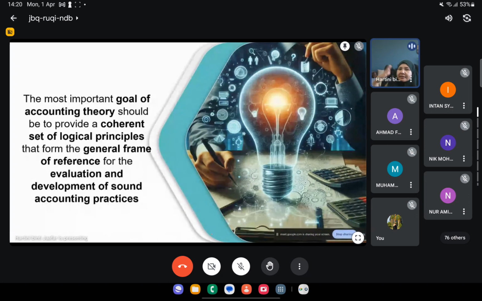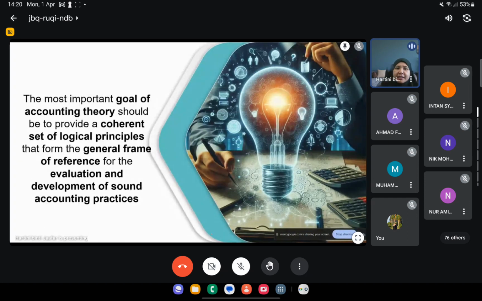So it is an ever-changing process. The theory is not going to be stagnant, but we do have what we call the mother of the theory or the father of the theory. So that is where the origin of certain theory comes from.